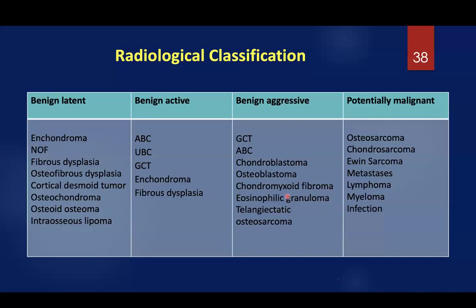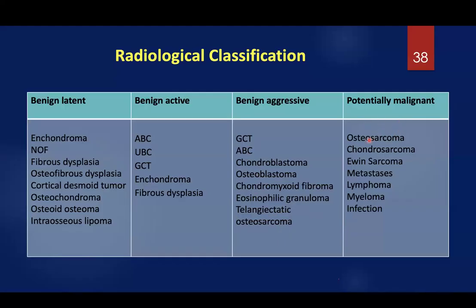And the differential diagnosis is GCT, aneurysmal bone cyst, chondroblastoma, osteoblastoma, CMF or chondromyxoid fibroma, telangiectatic osteosarcoma. So you have to put these lesions when you describe a lesion with neocortex formation. And then according to your knowledge and your information about every single disease, you can prioritize, or you put the GCT on top or you put it at the bottom.